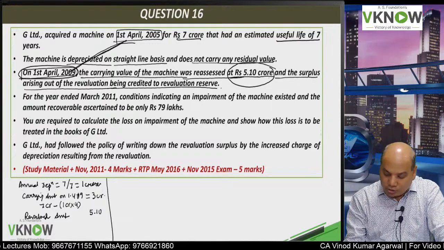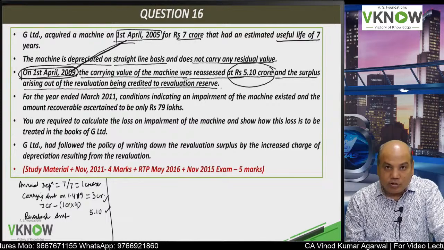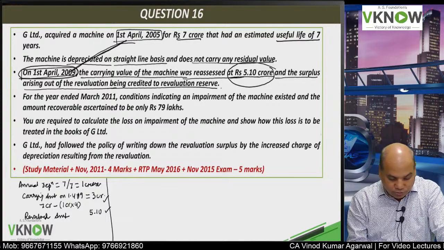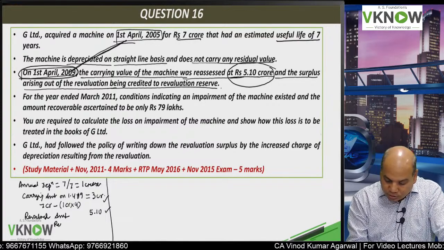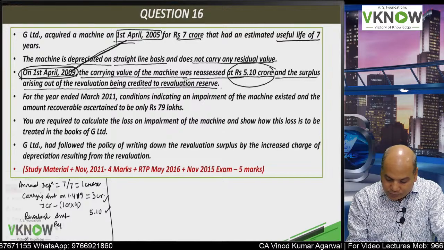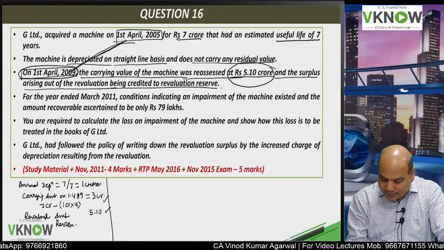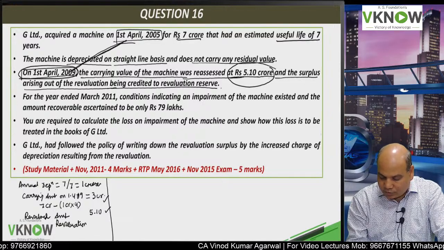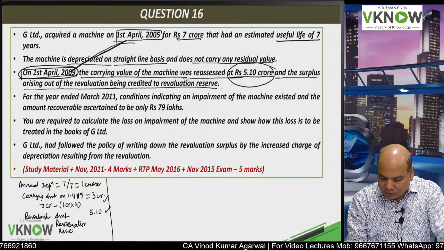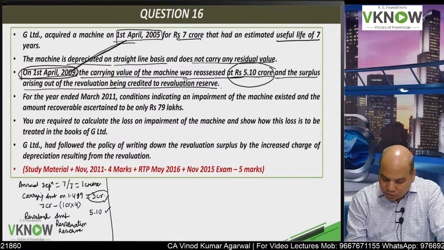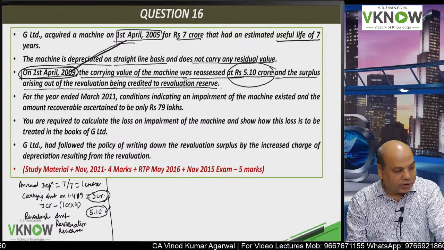Book value is 3 crore. Revalued amount is 5.10 crore. So what is the revaluation reserve to be created? You are going to appreciate the value of the asset from 3 crore to 5.10 crore.